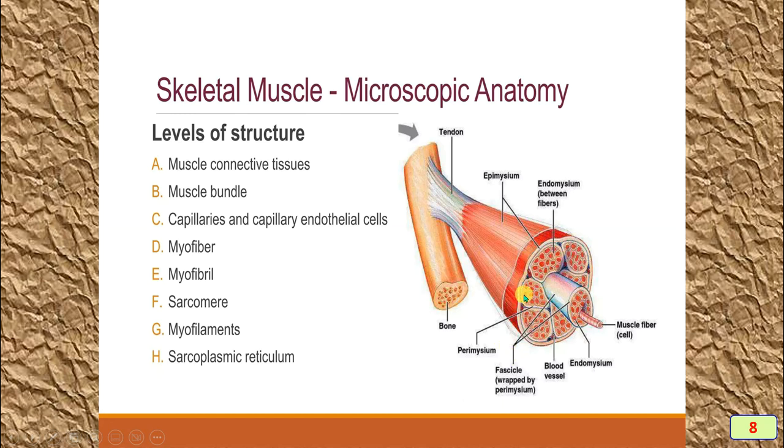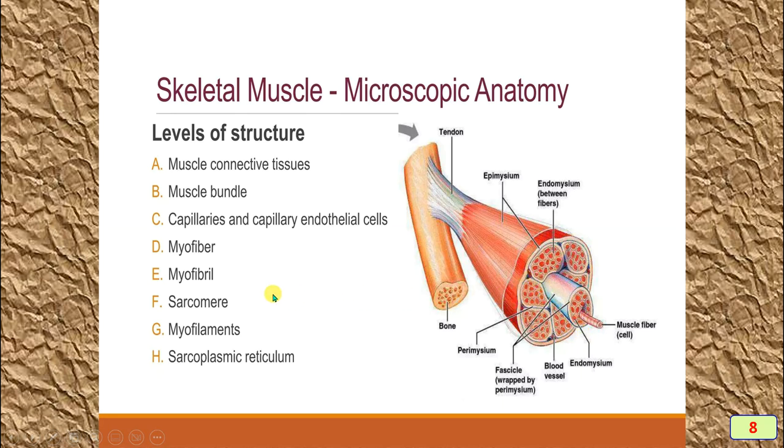Then, containing many types of muscle fibers, the perimysium is the one which especially has the tissues covered by one of the sheets.